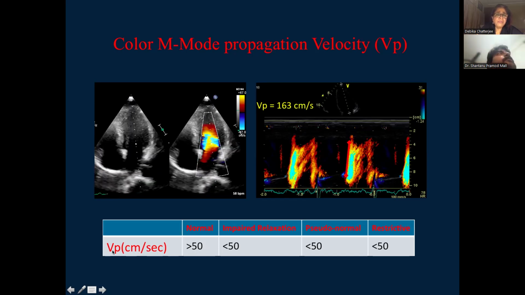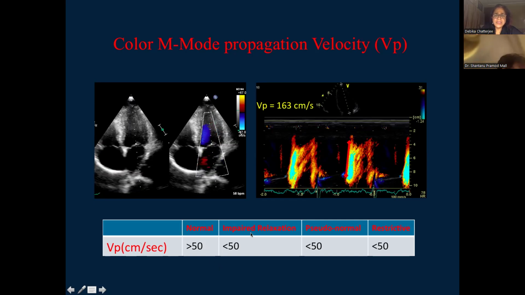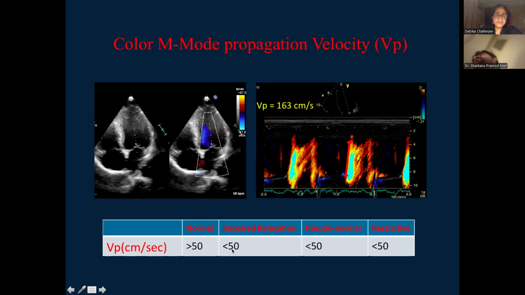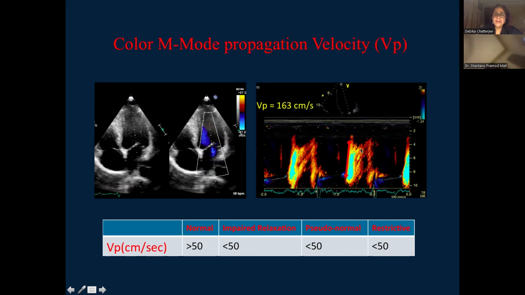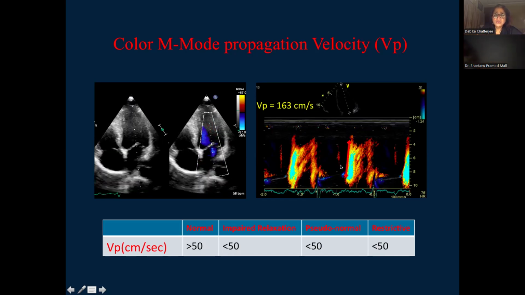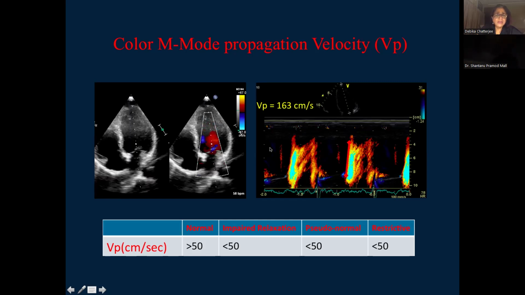That is called VP, propagation velocity. But in all other grades of diastolic dysfunction, it is less than 50 centimeter per second. Here it is 163 centimeter per second. So the LV is relaxing very nicely.